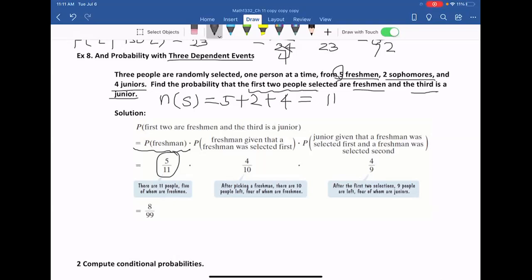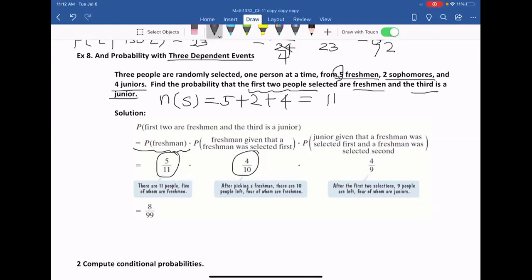When we choose the second person, the probability of choosing a freshman, given that the first freshman was selected, equals, right now we have 4 freshmen left. The sample space becomes 10, so the probability is 4 over 10. And the third one should be a junior.